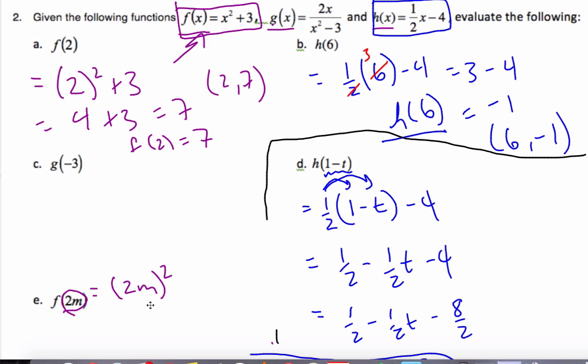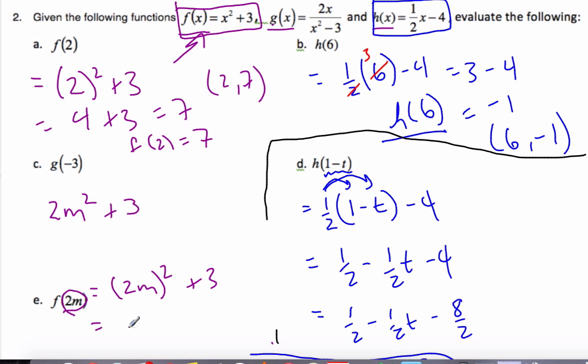Now, let's pause for a second. What might a good math student who's had a really long summer accidentally write there that would be incorrect? I'm going to guess they would say that. And let's take one more step and see how those are different. Here's the incorrect way: I go 2m squared plus 3, and that's done.